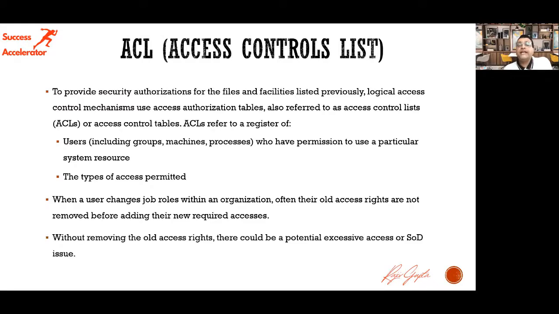And guys, many times it leads to potential segregation of duties conflict, which is a very notorious problem in real life. My gut feeling is you may get a question around this in your exam as well, because this is a very important topic. So please revisit this slide multiple times and then read more details in your CISA manual as well.